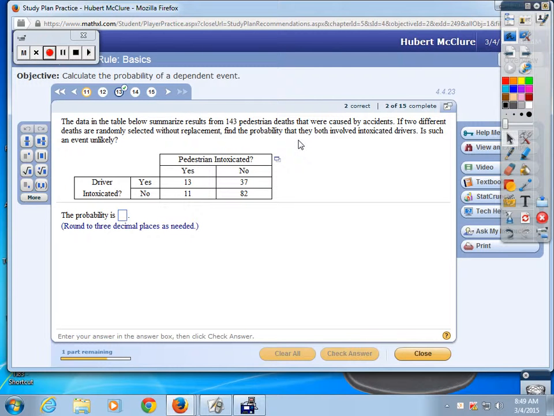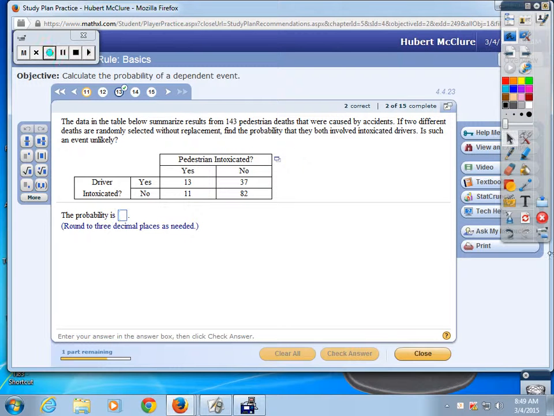Okay? So the data in the table below summarizes 143. Can you imagine a pedestrian being intoxicated and the driver being intoxicated? That'd be a high probability. If two different deaths are randomly selected, in other words, they put all these deaths in a hat without replacement, find the probability that they both involved intoxicated drivers.